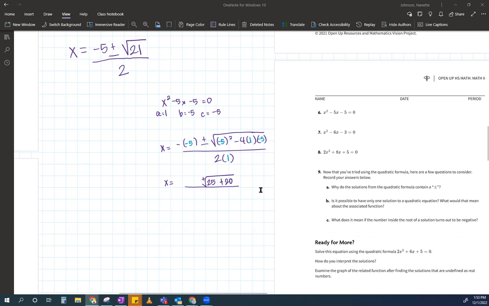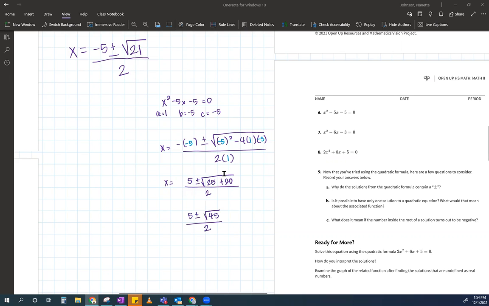Right? And what does this simplify to? What's -5? Yeah, it's just 5. My plus or minus got eaten up. Plus or minus, good. And 2 times 1 is just 2. All right, and then you would just add, and you get 5 plus or minus the square root of 45 all over 2.